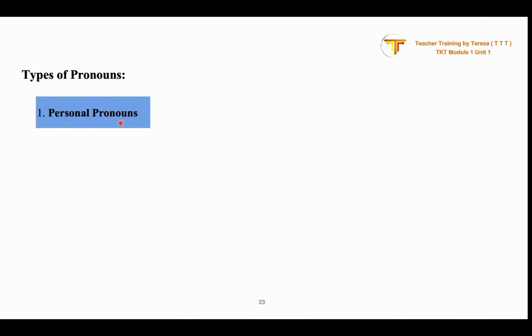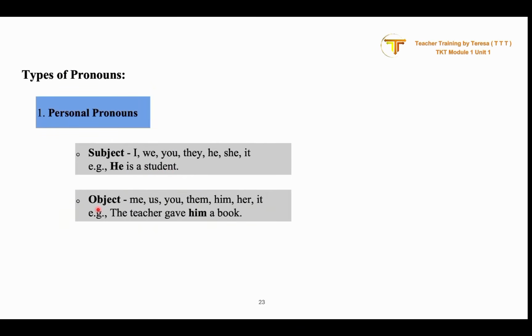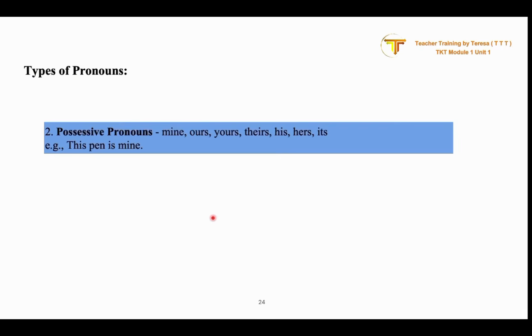1. Personal pronouns. Subject: I, we, you, they, he, she, it. He is a student. Object: me, us, you, them, him, her, it. The teacher gave him a book. 2.